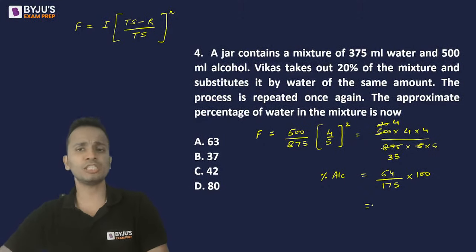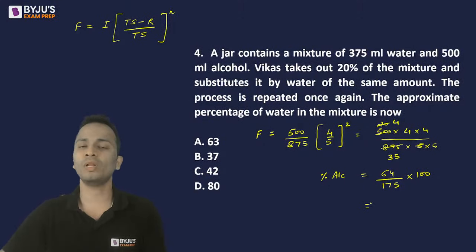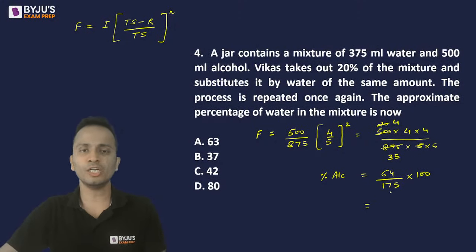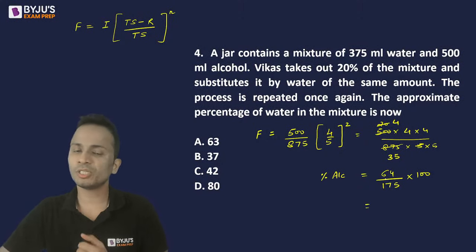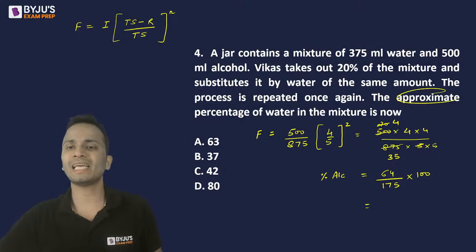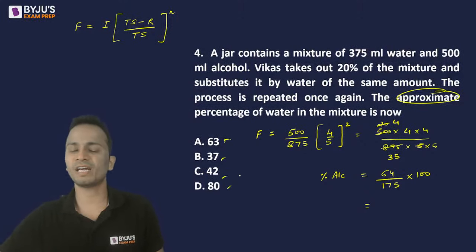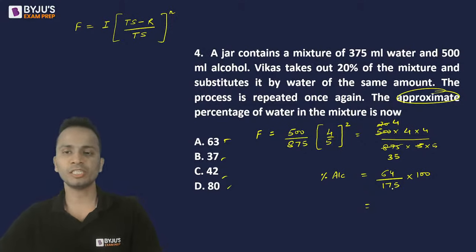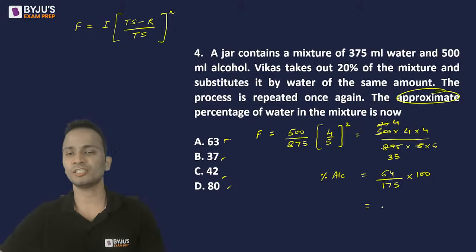If this is the percentage of alcohol, the percentage of water will be 100 minus this value. So I'll calculate the percentage of alcohol and subtract it from 100 to get the percentage of water. Now we have to calculate approximately. Options are also very far away. So 64 is what percentage of 175? 10 percentage is 17.5, 30 percentage is 52.5. So the value will be slightly above 30 percentage.